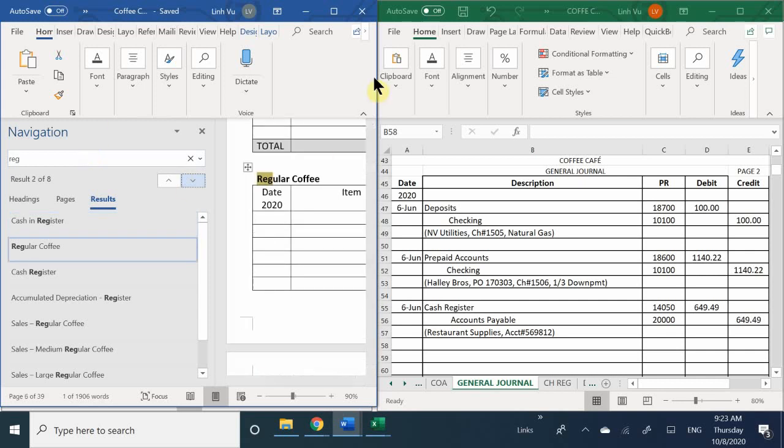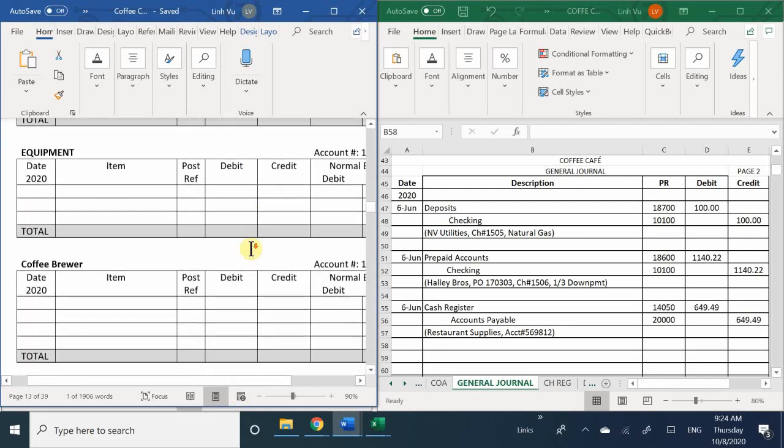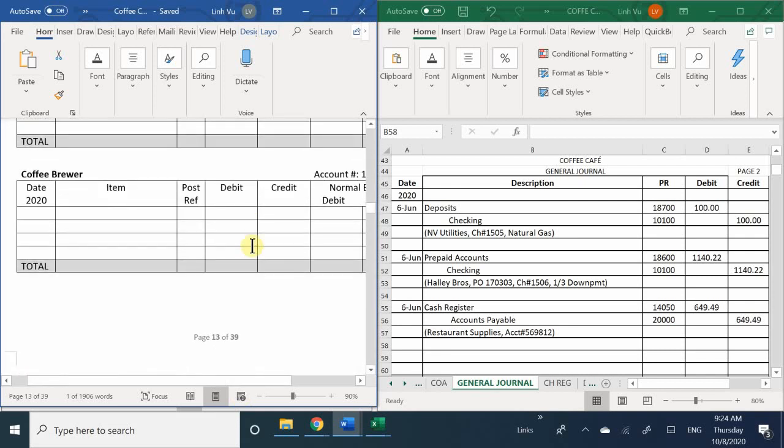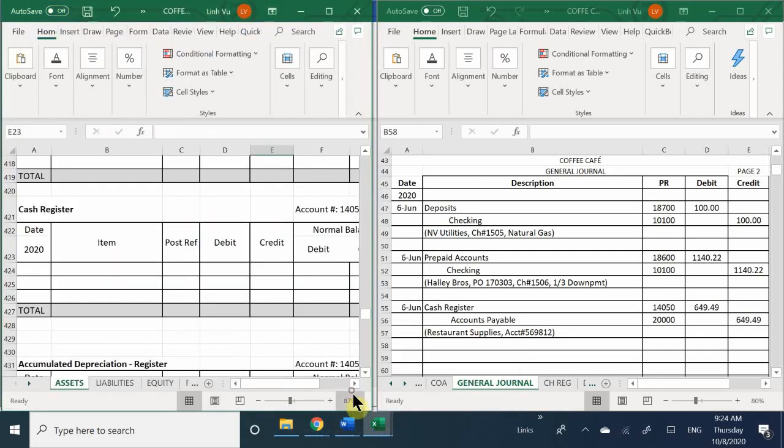I'm looking for just the cash register. There you go. So here's the cash register. It is going to be on page 13 in your ledger. Okay. In my Excel book, you're just going to have to scroll down and find it, or if you know how to look up stuff in there, go ahead and do that.